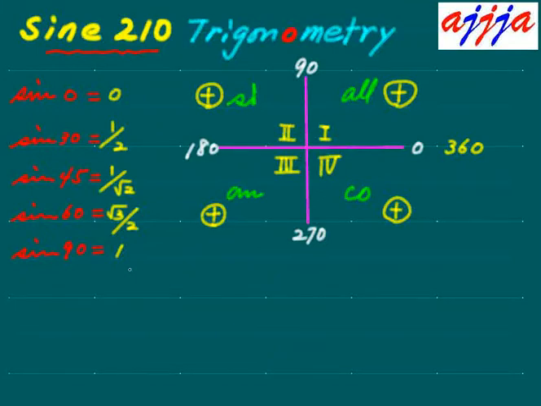Okay, you know what? Step number 1, you have to decide positive or negative business first. Number 2, you have to find out the difference between that horizontal line angle and given angle. Okay, let's say 210. 210 degree is given angle.